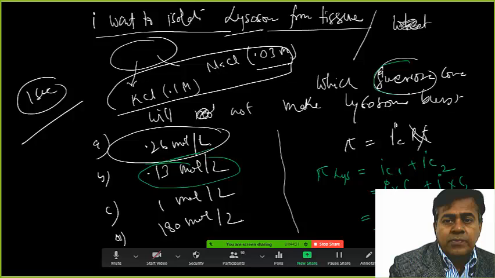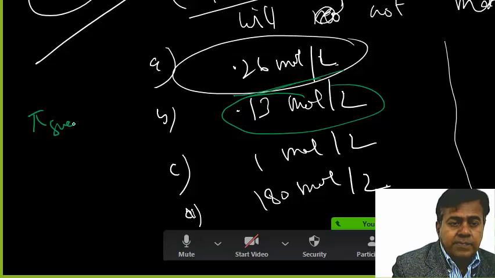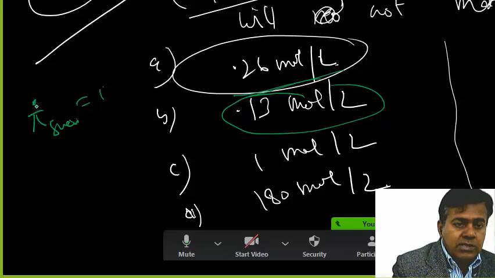So now again we can create the equation, pi must be equivalent to lysosome, right? Pi sucrose concentration. The sucrose concentration is what is being asked, right?